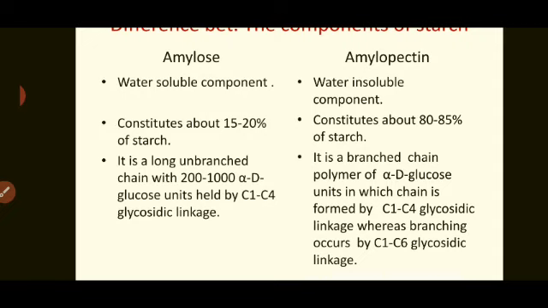How much part of starch is constituted by amylose? It is 15 to 20%. And amylopectin is 80 to 85%. And therefore, it is insoluble in water. See, the maximum part, that is 80 to 85%, is amylopectin, and hence starch is insoluble in water, in cold water.